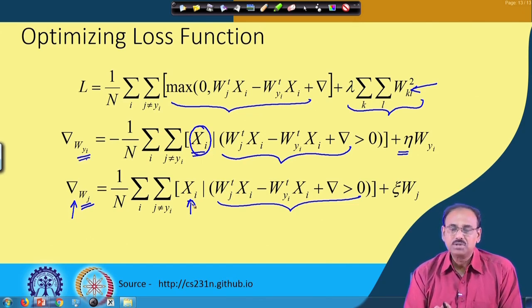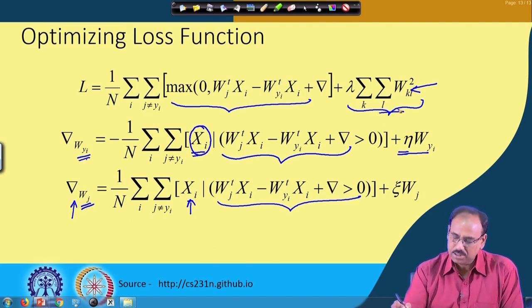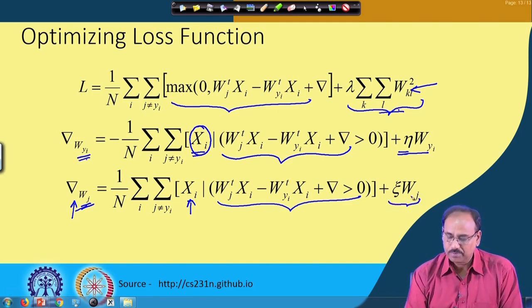We will not consider those for which this condition is not true, because those training vectors are correctly classified by the current W. And from the regularization term, when you take the gradient with respect to Wj, the term that I get is zeta times Wj.